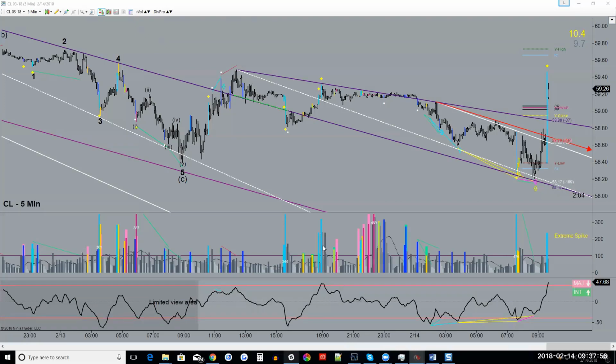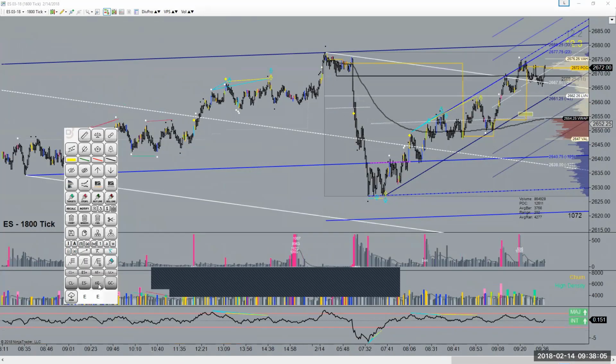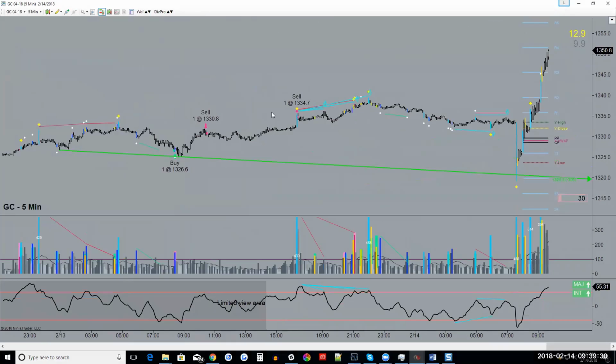I'm thinking maybe we get those 60s now, though, or higher. Right now it looks like it would be 60.49. This move in gold is pretty incredible.